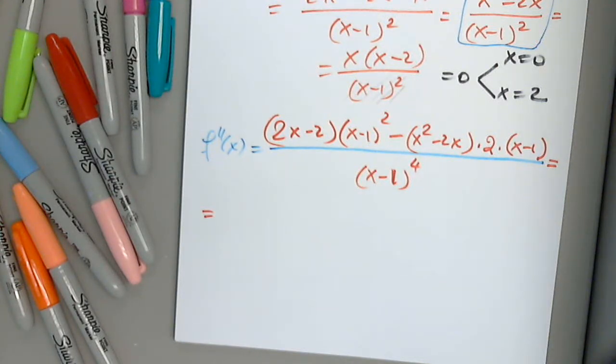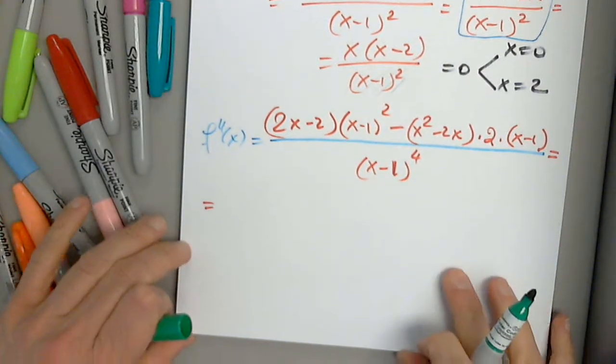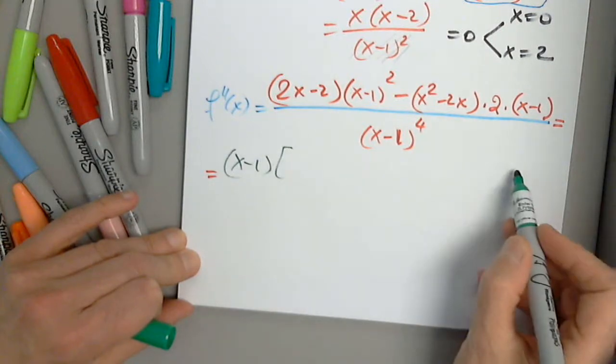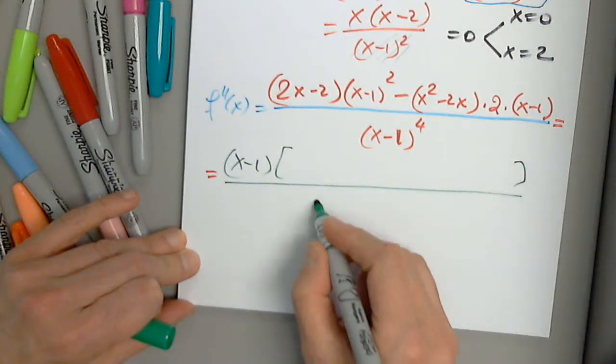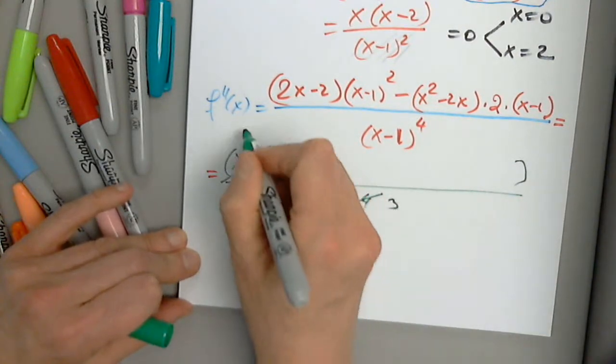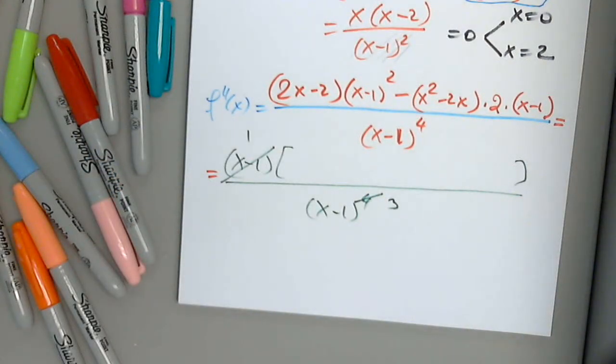So please be careful. Okay, what we can do and we have to do, we have to factor out x minus 1. And let's see what is left from all this mess. And look, now I can do this. This is allowed now, because I'm simplifying a factor with a factor. Okay, so let's see what is left here. I have an x minus 1 left, and I have a 2x minus 2.